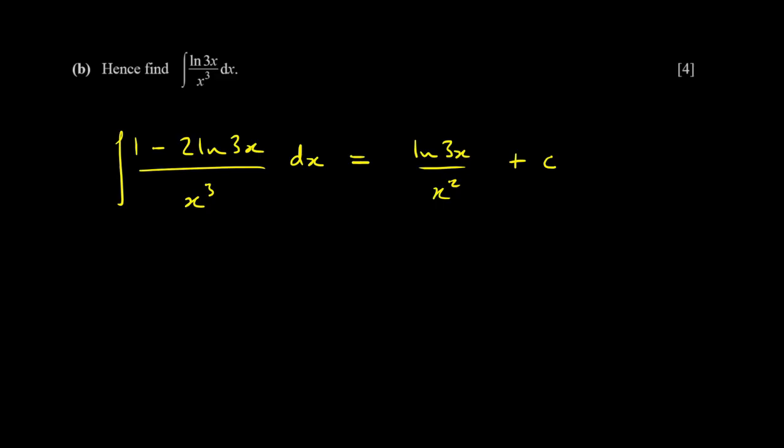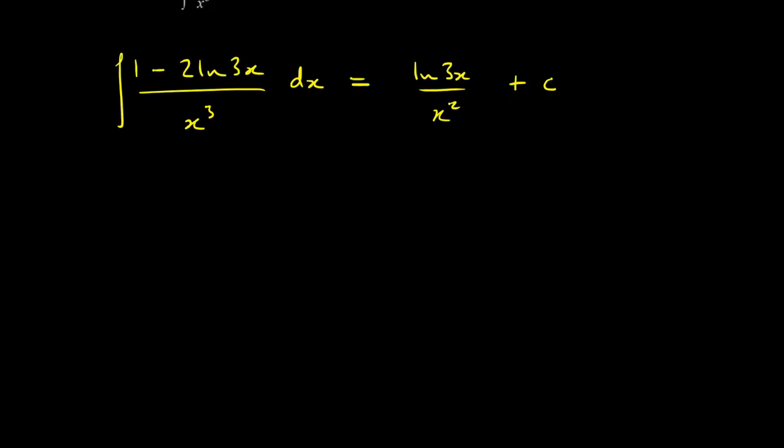Okay, with that understood, we now need to try to isolate this particular integral here. So how are we going to do that? On the left-hand side, I can split apart this integral. This is the same thing as the integral of 1 upon x to the power of 3 minus 2 ln 3x upon x to the power of 3 dx.